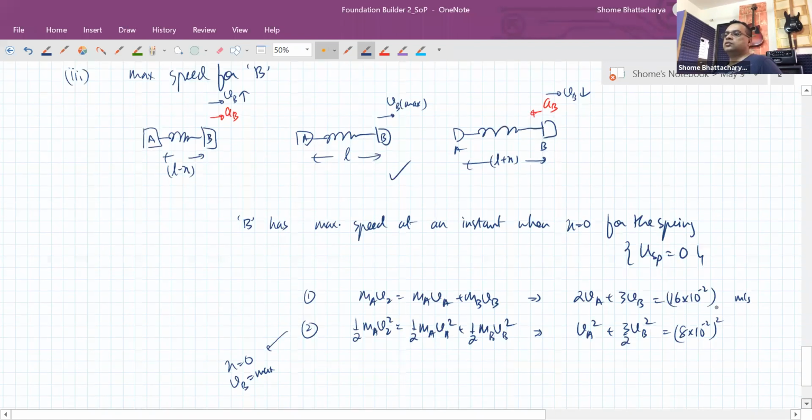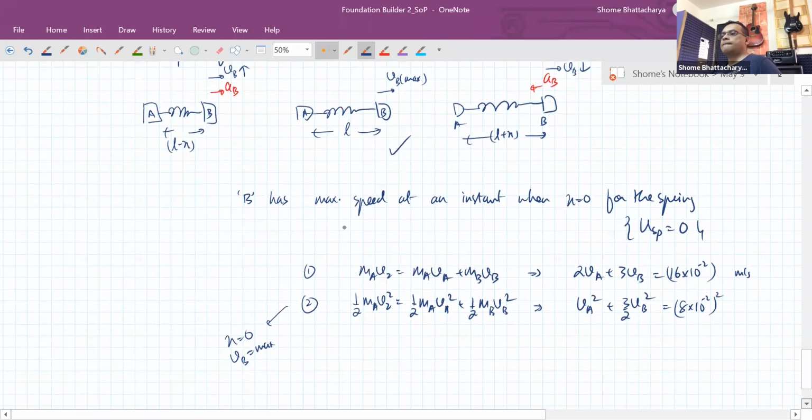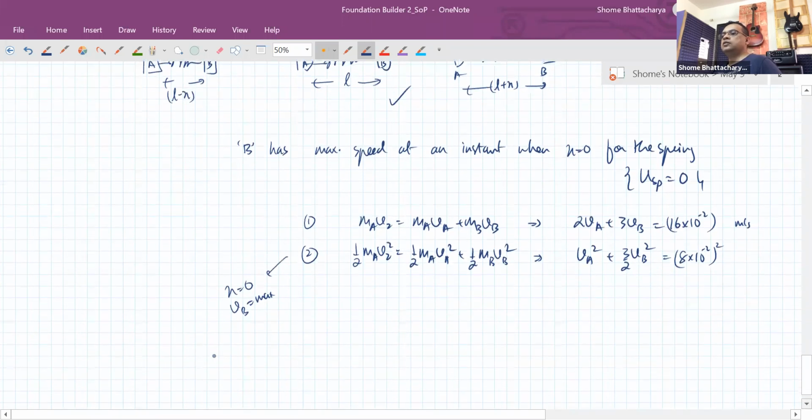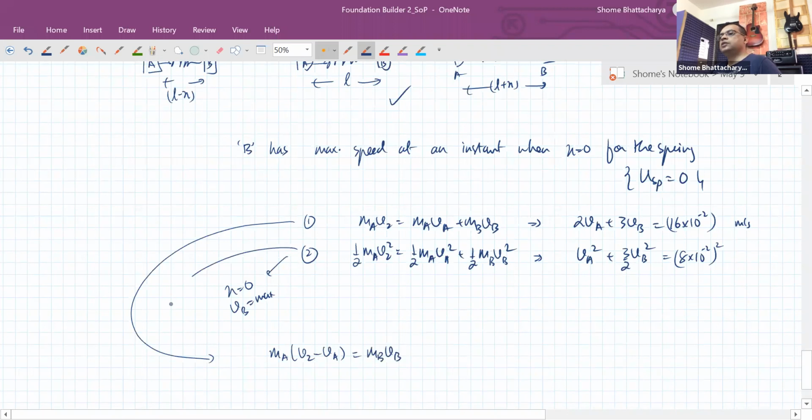Or if we just solve these two now, this equation can be written as, and this equation can be written as.